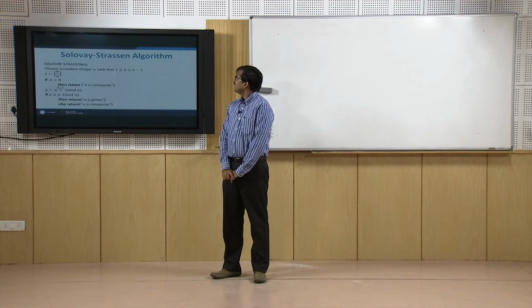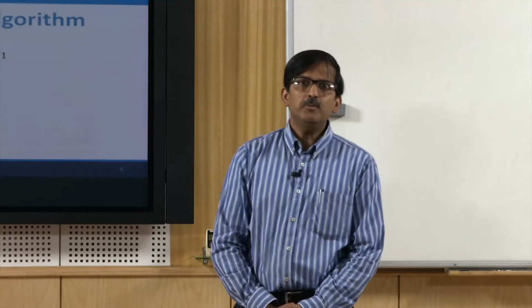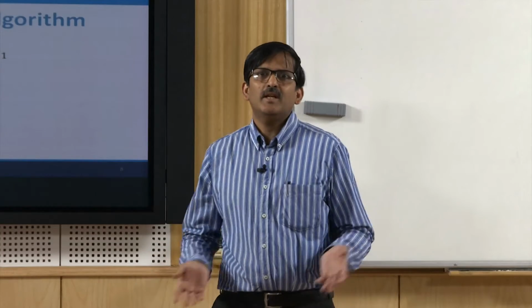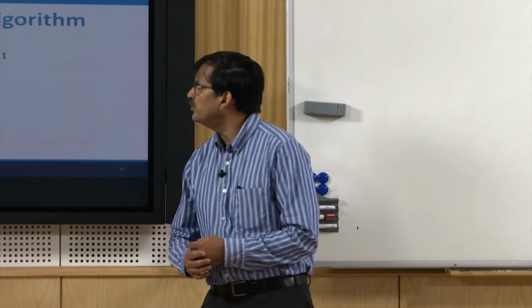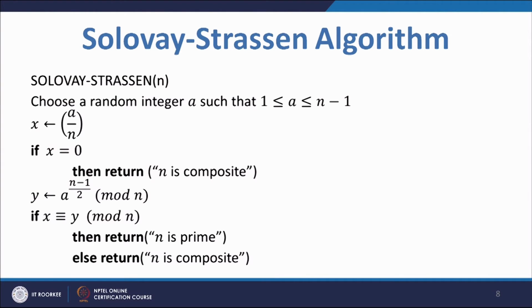All right. So, looking at the Solovay-Strassen algorithm, you will see that the input is n, and just as before, there is no point checking with n even, because after all an even positive integer cannot be a prime. So, we will take a positive odd integer n as the input, and after doing that we will choose an integer a.